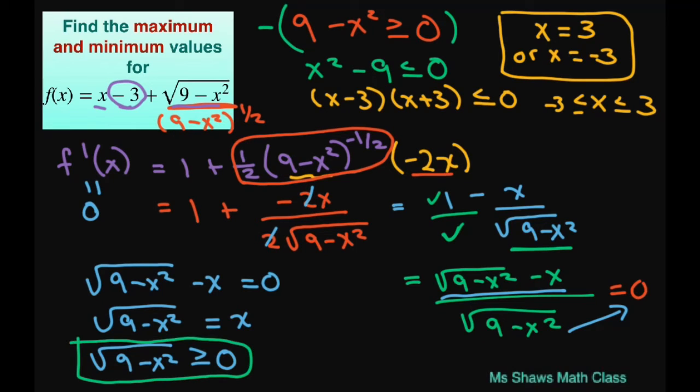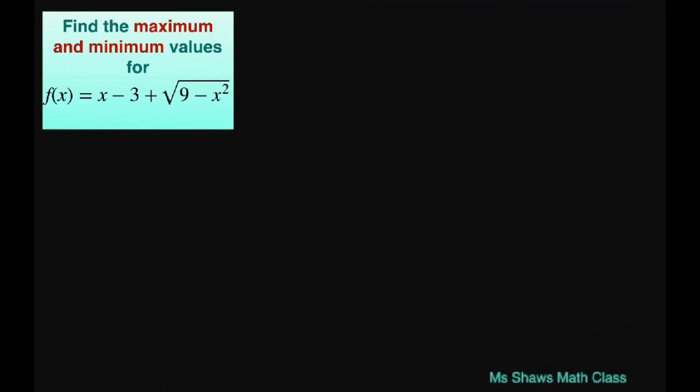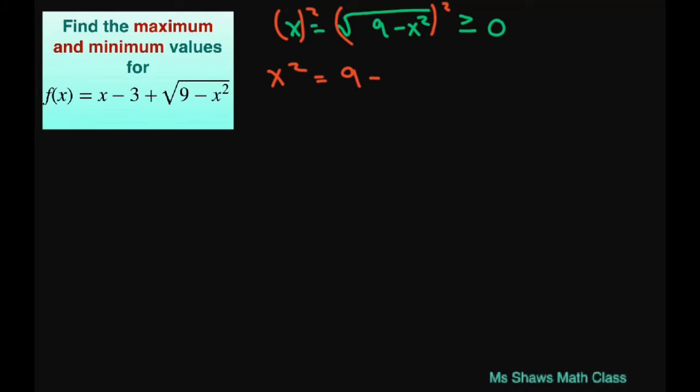So let's go ahead and solve for this. We have x equals square root of 9 minus x squared, and that has to be greater than or equal to 0. If you square both sides here, you're going to get x squared equals 9 minus x squared.